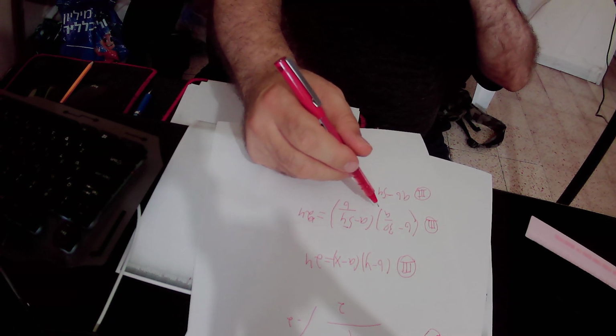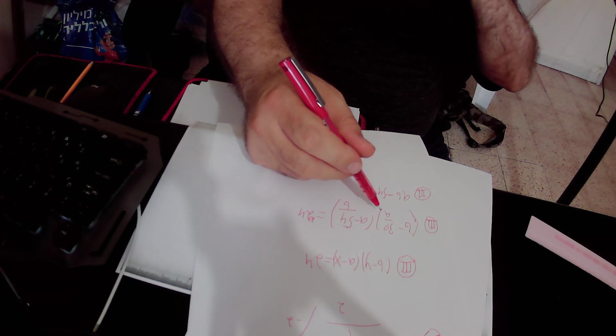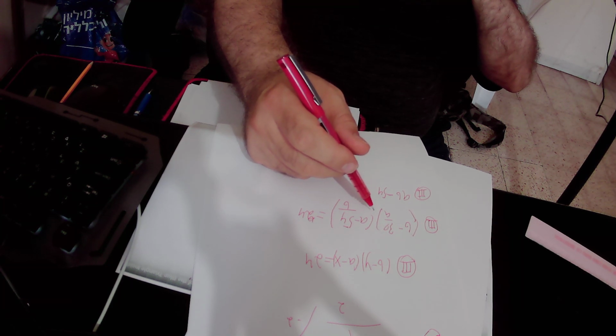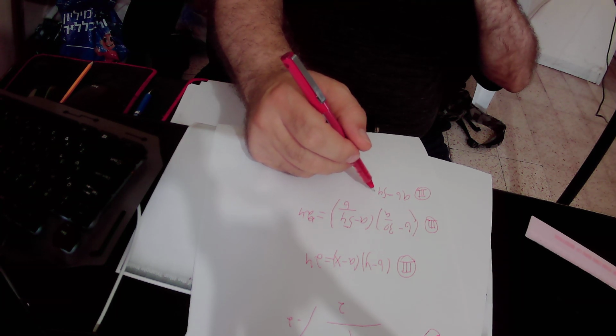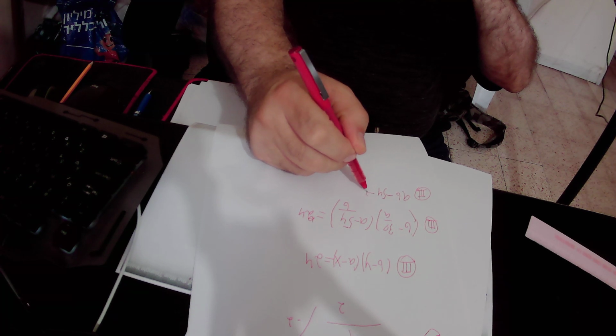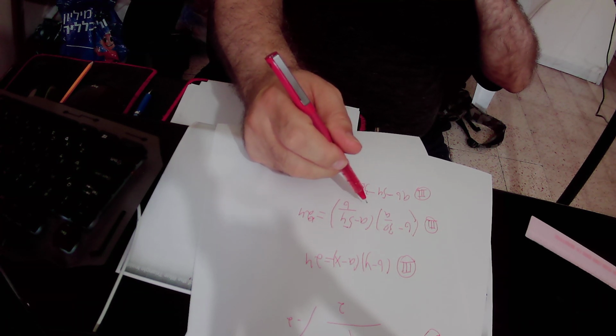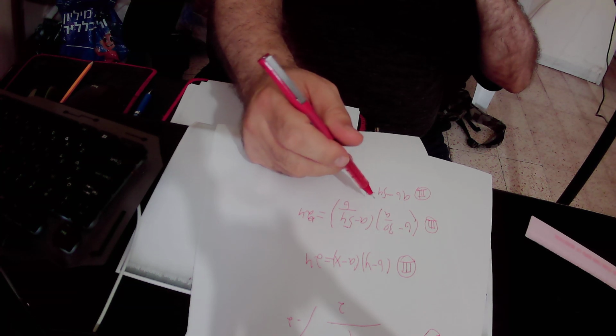And minus 30 over a times a will be minus 30.